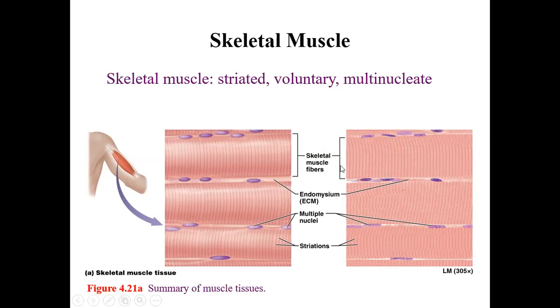It's a very long cell, and then you see perpendicular to that all of these light pink and light regions. So skeletal muscle is striated. It's voluntary. That means you can control it. You can cause skeletal muscles to move or contract. And they are also multinucleate because they have many or more than one nucleus inside of the cell.